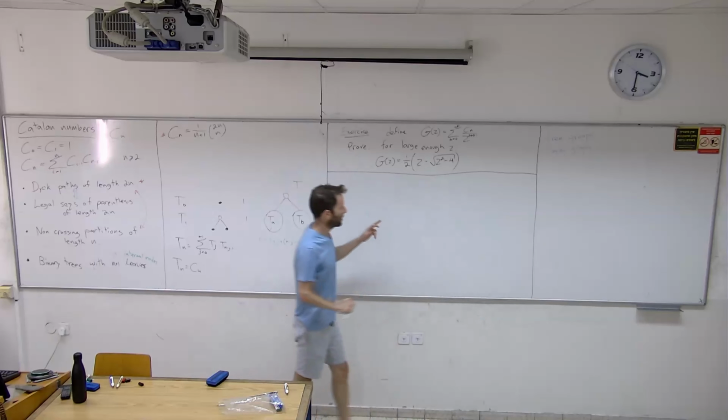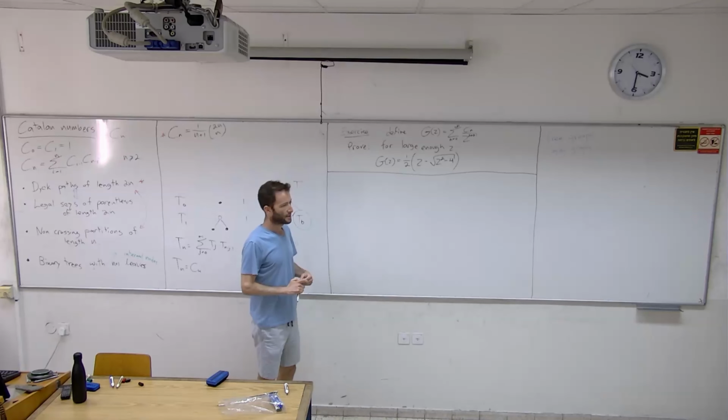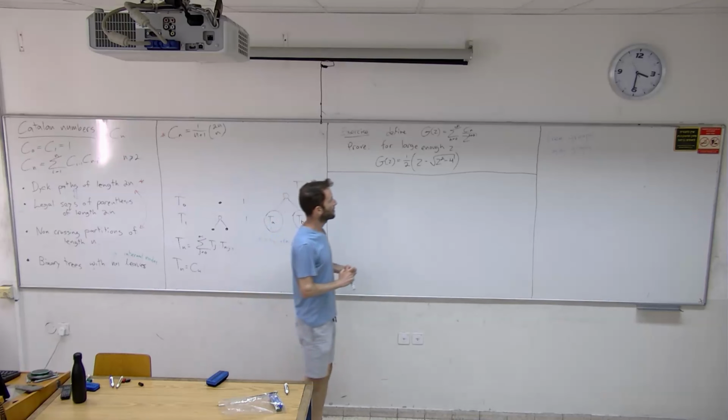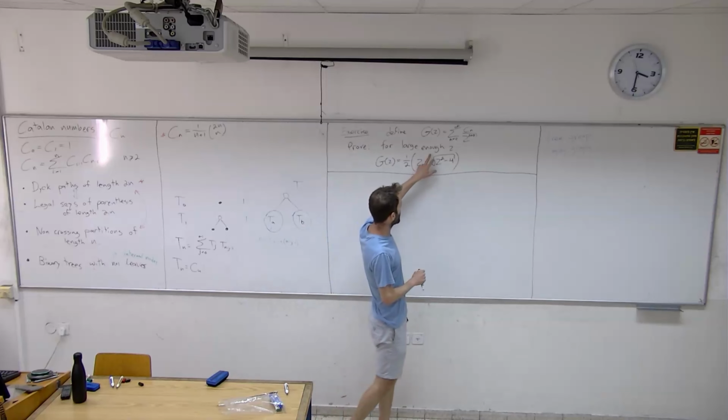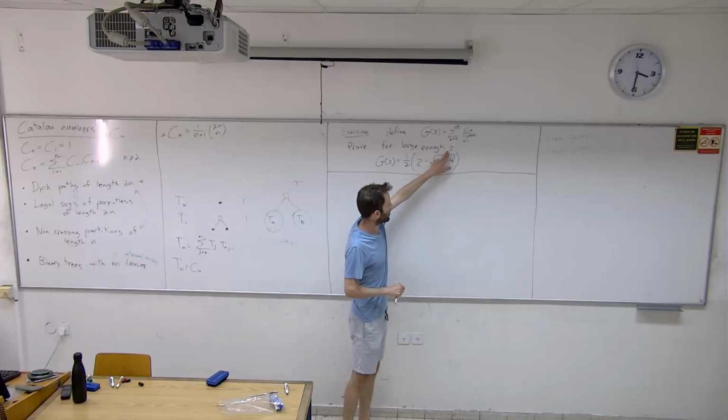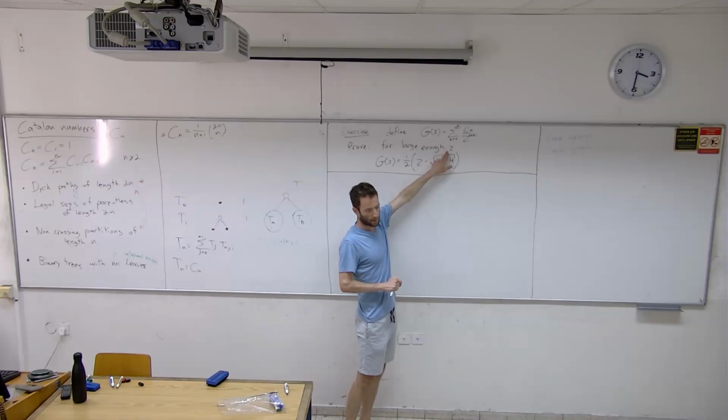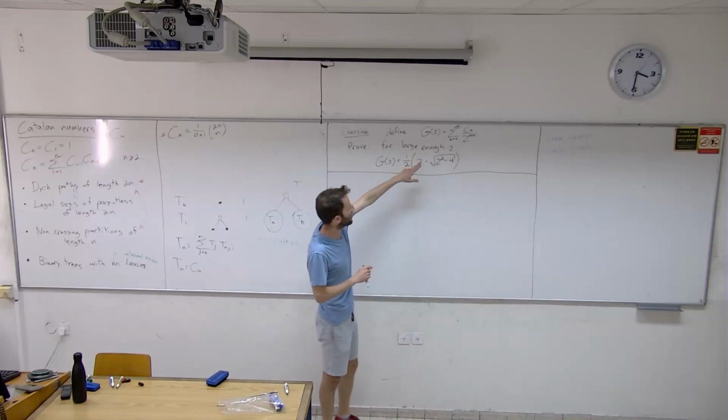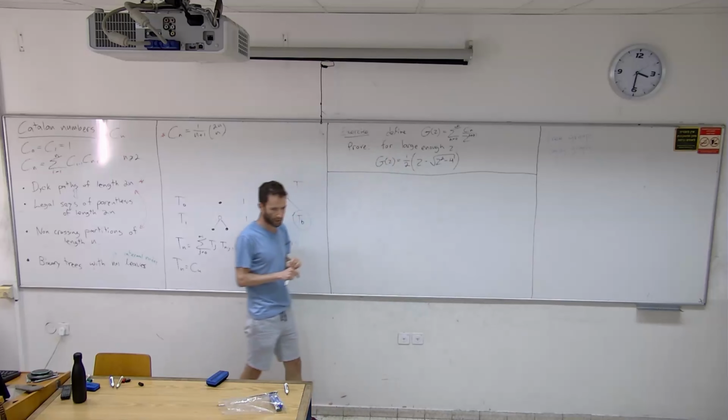First of all, I can define z to be either in the complex numbers or in the reals, but for large enough z, I mean large enough real value.